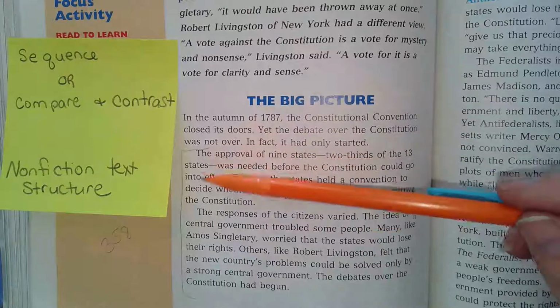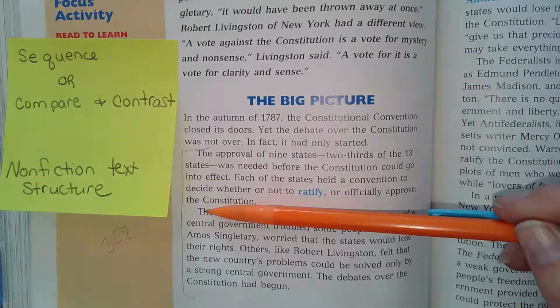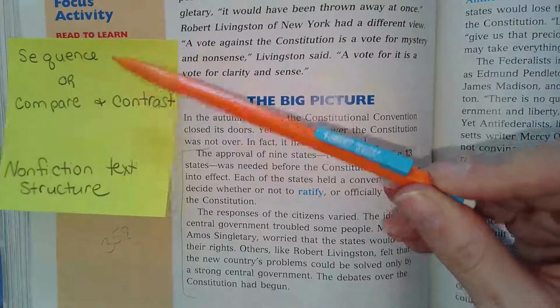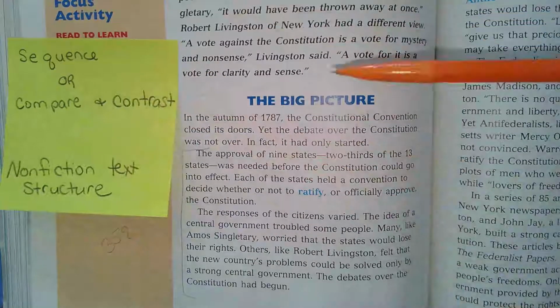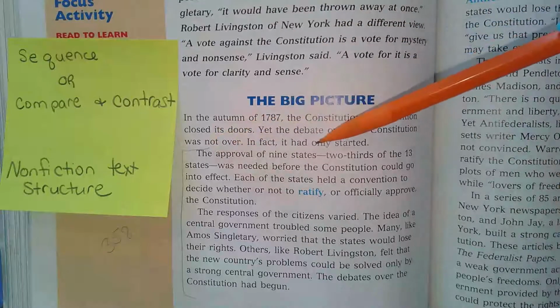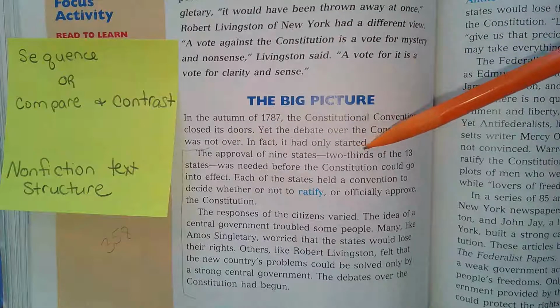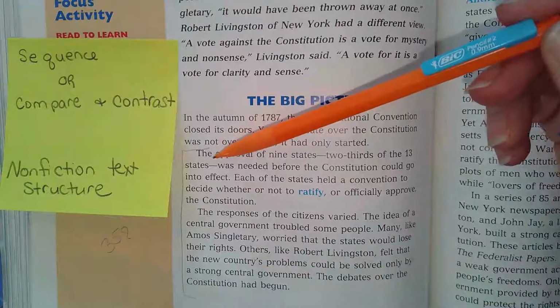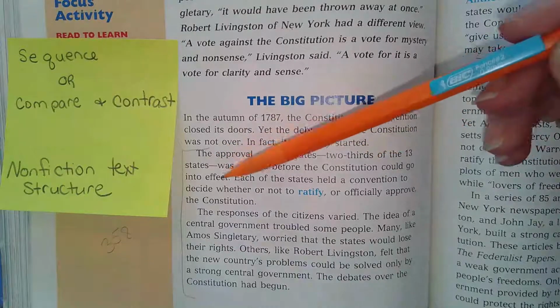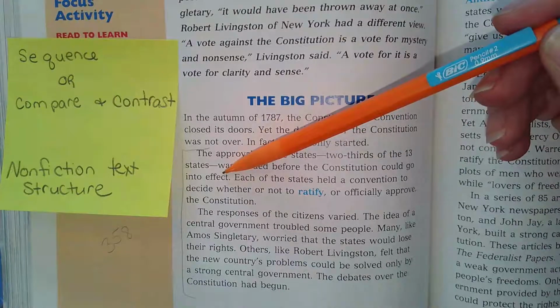So this first paragraph, I am going to stop after this first paragraph, and you will have to think about whether this is showing sequence or compare and contrast. The approval of 9 states, 2/3 of the 13 states, was needed before the Constitution could go into effect, before it became a law.